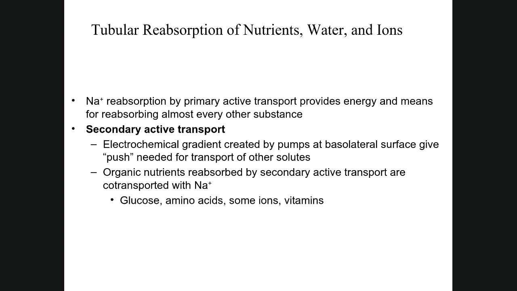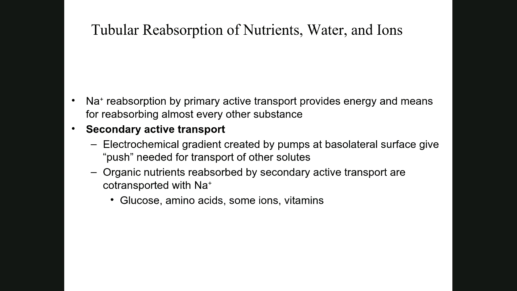When that happens, remember that all the membranes, they are like salted banana. The sodium is always very high outside and less inside, and when it goes against the gradient of concentration, we call it active transport, right? So the sodium reabsorption by primary active transport provides energy. It creates an energy that's meant for reabsorbing almost every other substance.